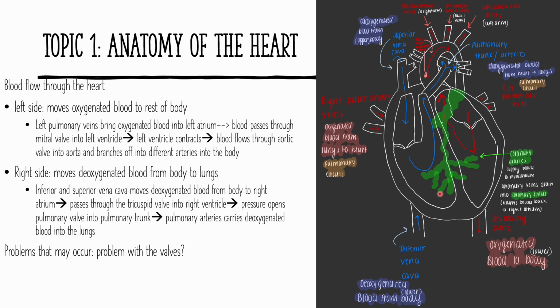So the coronary arteries, which I kind of drew out here, are supplying blood to the myocardium. And then we have coronary veins that are going to drain into the coronary sinus, and this returns blood back into the right atrium, and then the process continues.